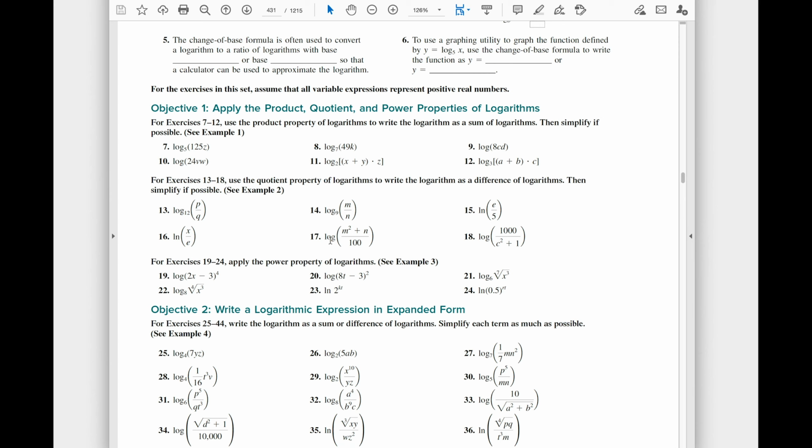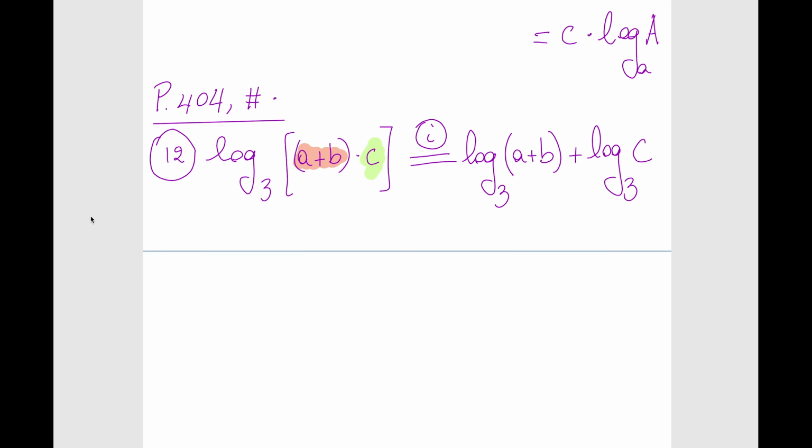Okay. Similar story for this, but now we're going to use the quotient property. Let's stick with the last one here as well. How about number 18? Log of a quotient where the numerator is 1000, downstairs is c squared plus 1. So we have log of 1000 divided by c squared plus 1.